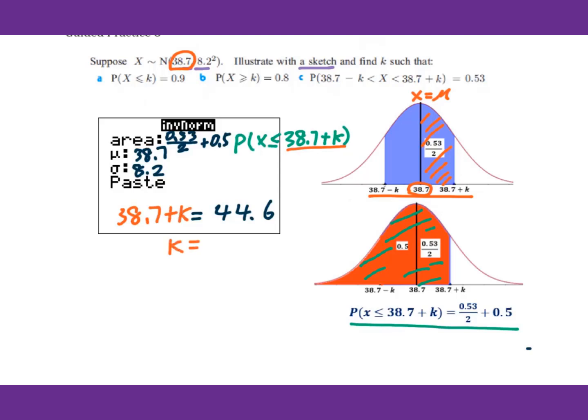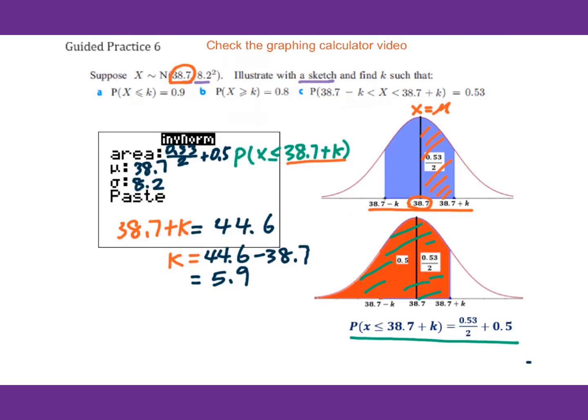Therefore, k equals 44.6 minus 38.7, which is 5.9. I already made a graphing calculator video about this problem. If possible, please watch that video to get more clues.